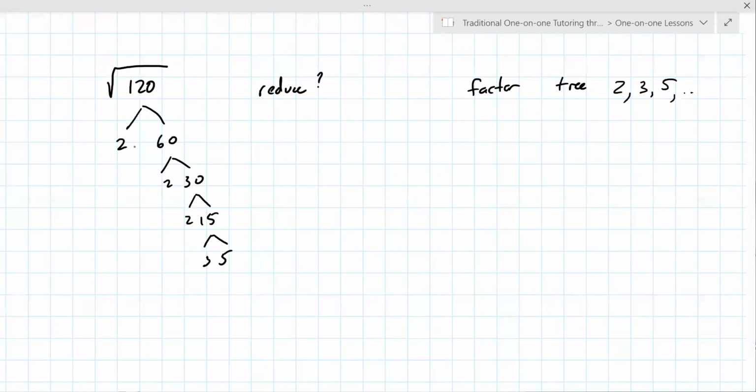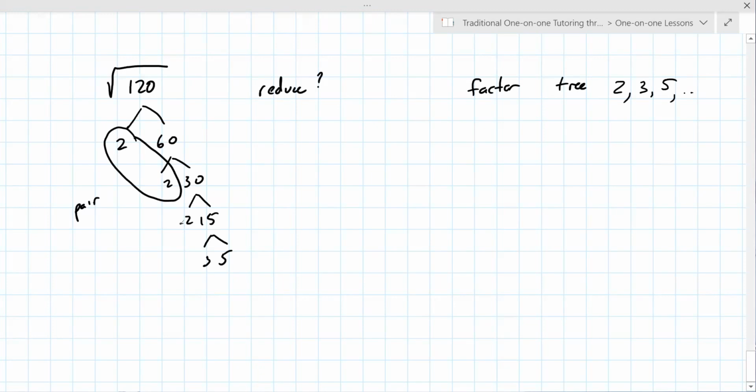Oh, okay. All the twos would be together, so that would be grouped. You look for a pair. I like the word pair, but you could choose another word. But because it's a square root, that's why you look for a pair.